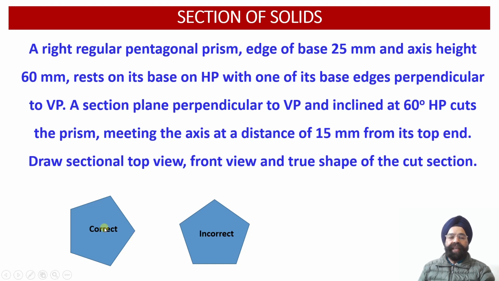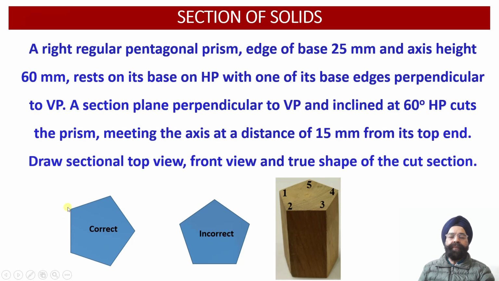When we locate the pentagonal prism on the horizontal plane in this orientation, we find that one of the edges is perpendicular to the vertical plane. So this is the correct orientation of the pentagonal prism with respect to the two reference planes. Now here we have the pentagonal prism.